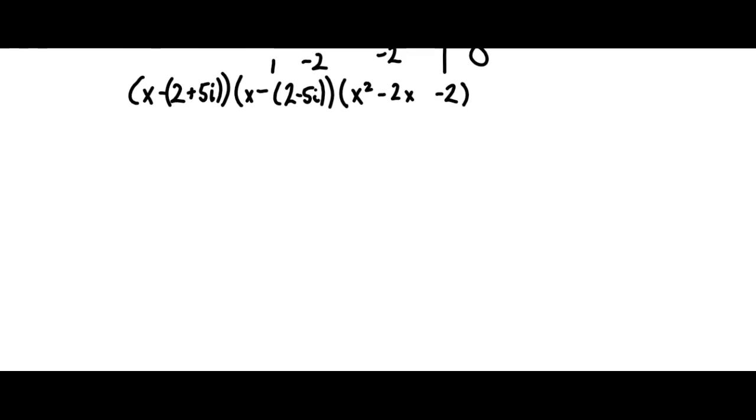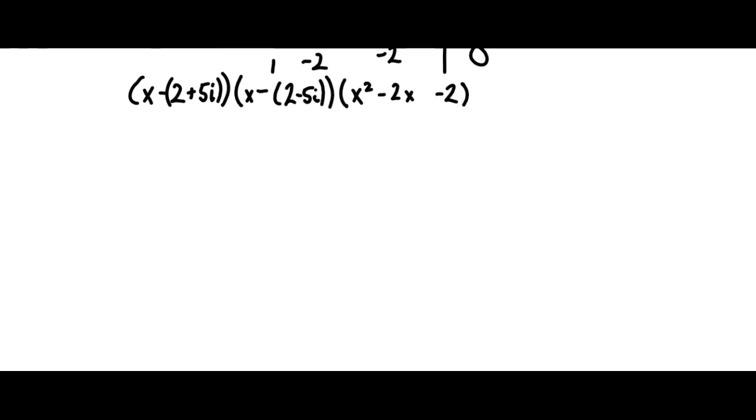So now you can see we have a quadratic function. So we're not quite done yet because we can factor that. There's no easy way to factor it, unfortunately. We'll have to use the quadratic formula.